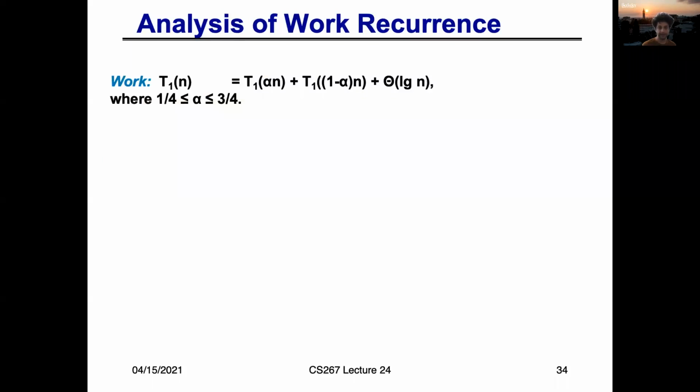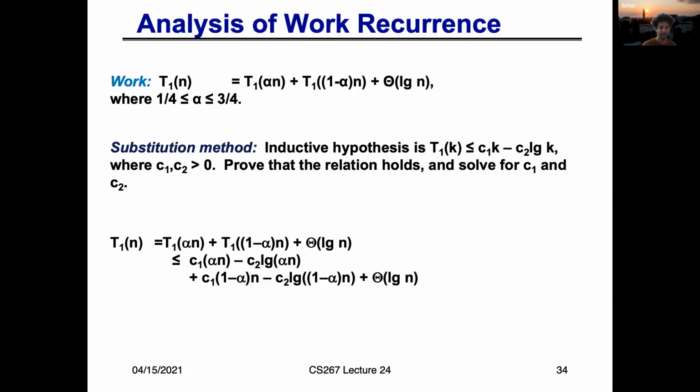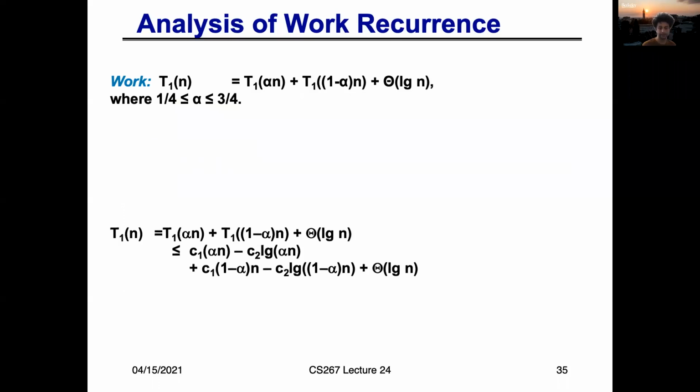For example, we claim that we can solve this recurrence to linear time. And so the hypothesis is that this is some constant times linear minus some other constant times logarithm. And these constants are positive. Assume that this is holding, and then figure out what constants will make that induction work.